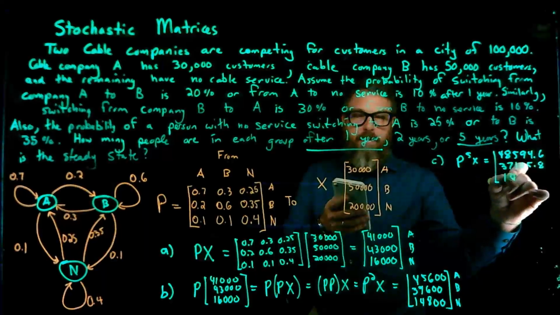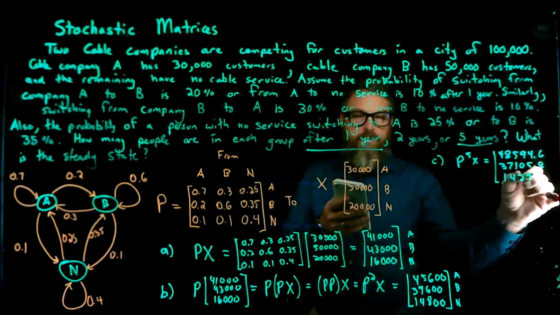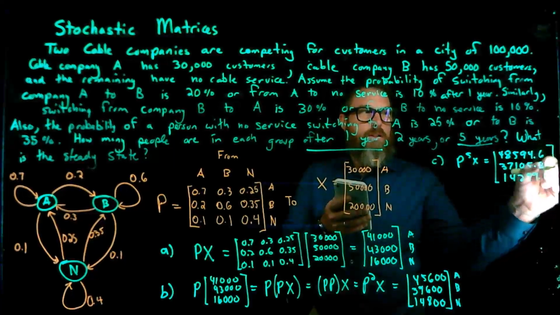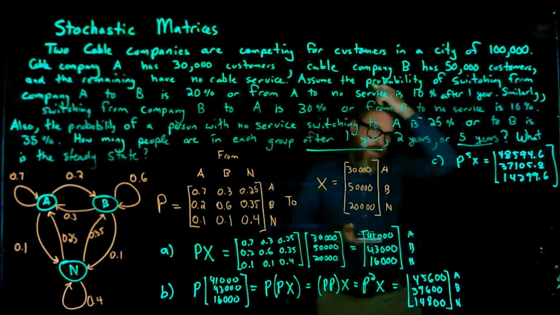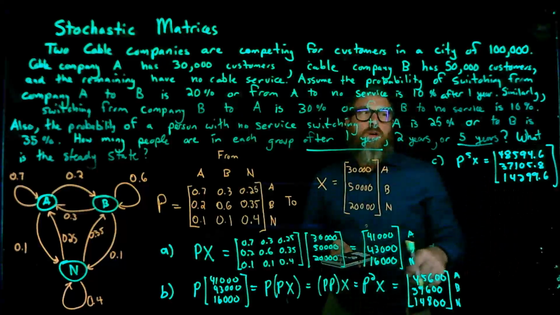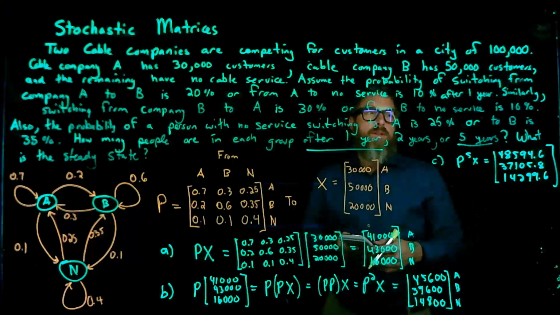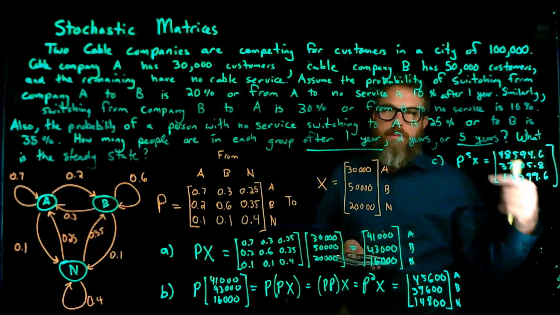Because what we know is this represents customers at a particular time, and we know we can't have these 0.6s or 0.8s. So you're going to have to basically round them. But you can see company A, company B, company C.